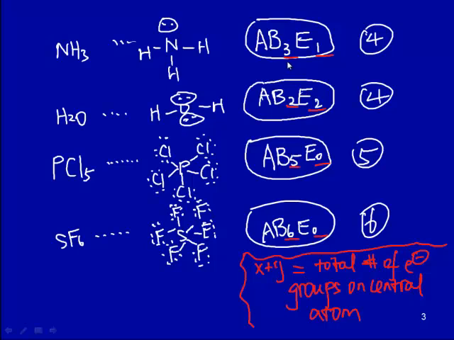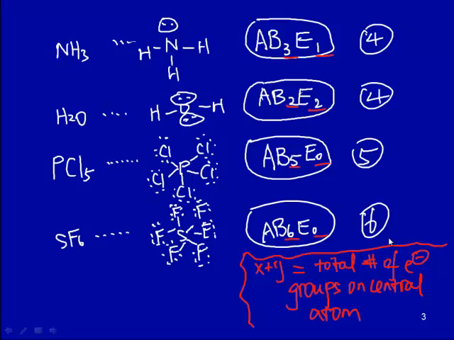Ammonia, AB3E1, total number of electron groups 4. Water, H2O, will be AB2E2, also the number of electron groups is 4. And the list goes on: phosphorus pentachloride, AB5E0, total number is 5; SF6, that will be AB6E0, total number is 6.